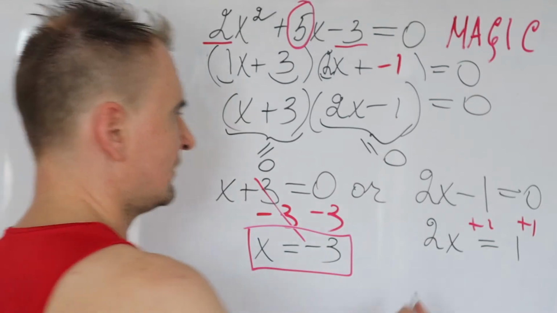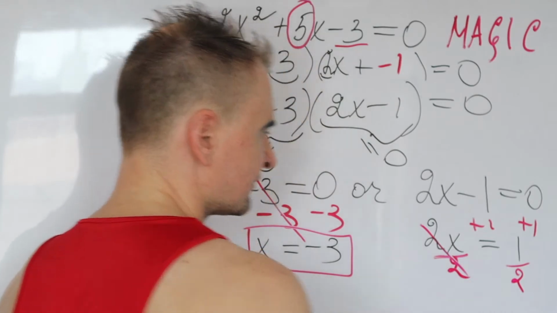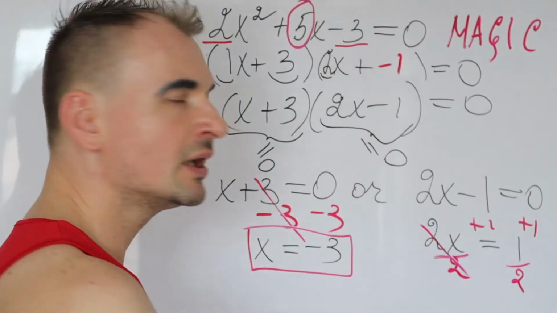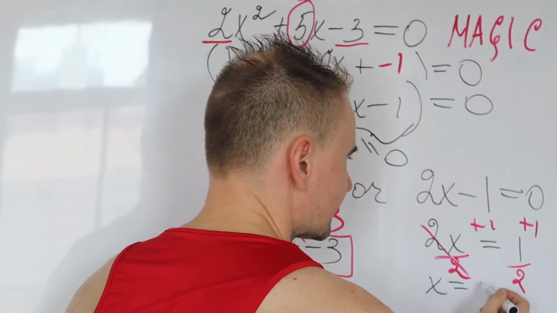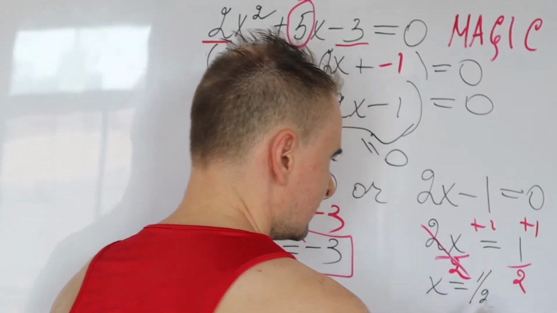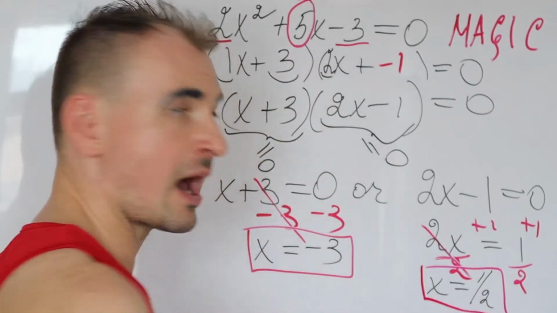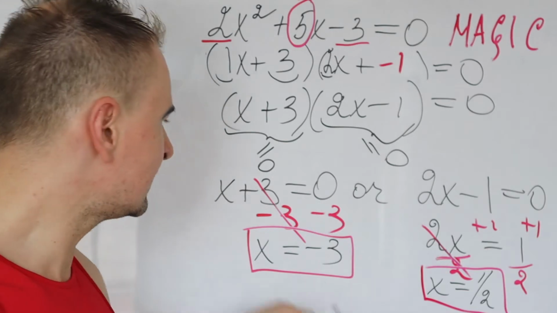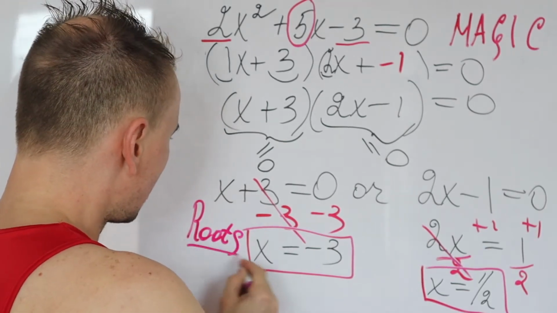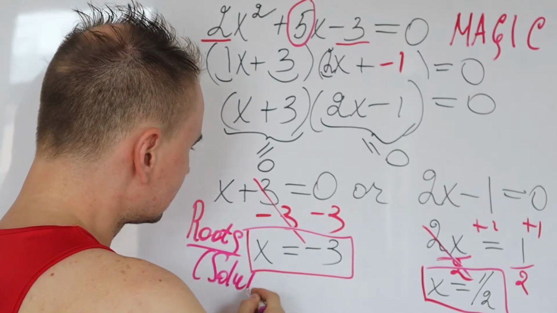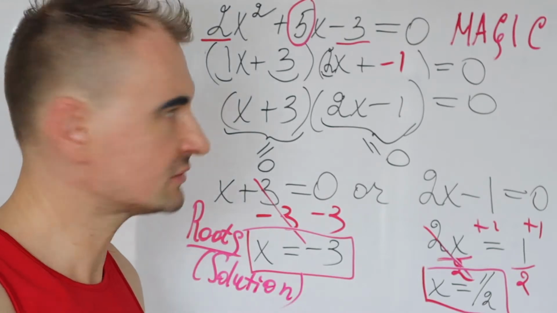In this case, you divide both sides by 2. This 2 goes away, and you will be left with x equals 1/2. So your x comes out to be a half. Now we're done. These are the two roots, or solutions, of your quadratic equation.